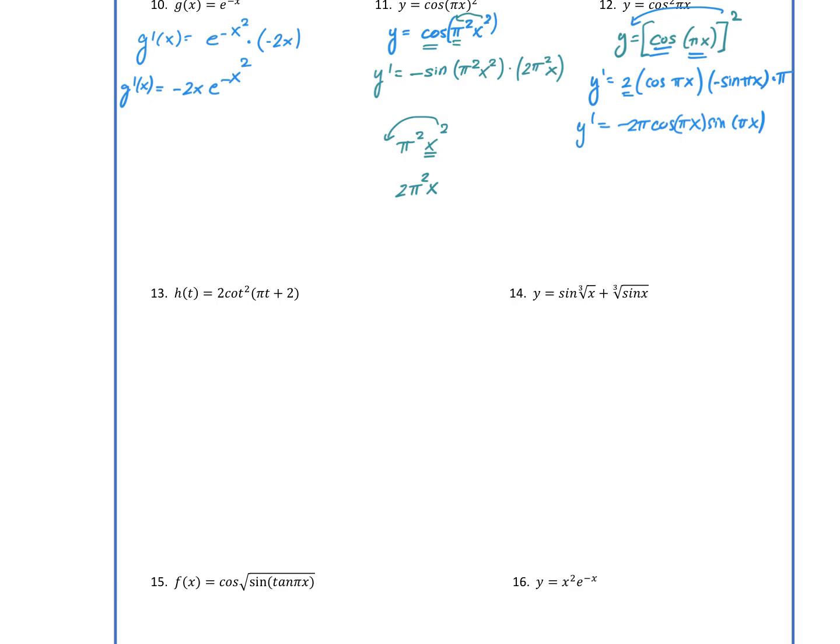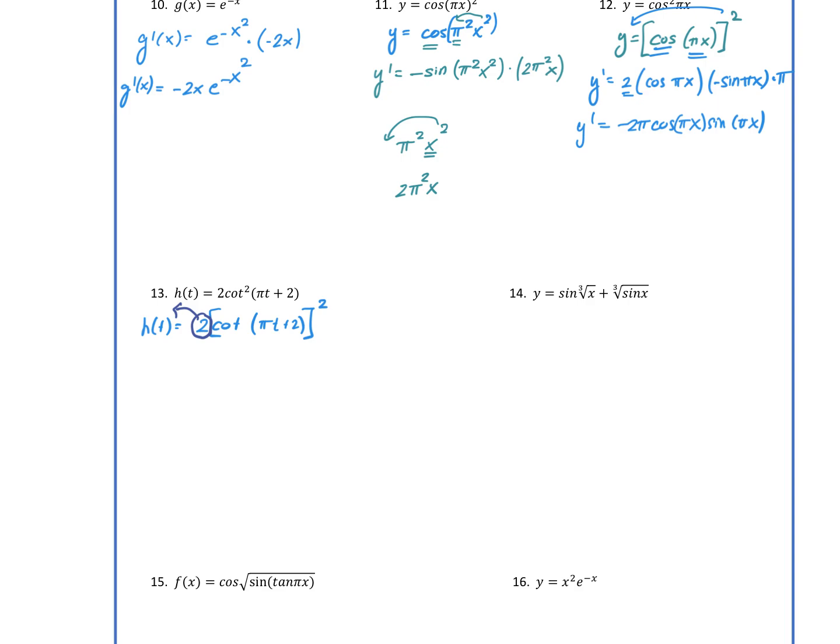For 13, I'm going to rewrite it, h of t, and we get 2 cotangent of pi t plus 2, squared. I'm going to put brackets there. I think I'm actually just going to leave the 2 out till the end and multiply it by 2.